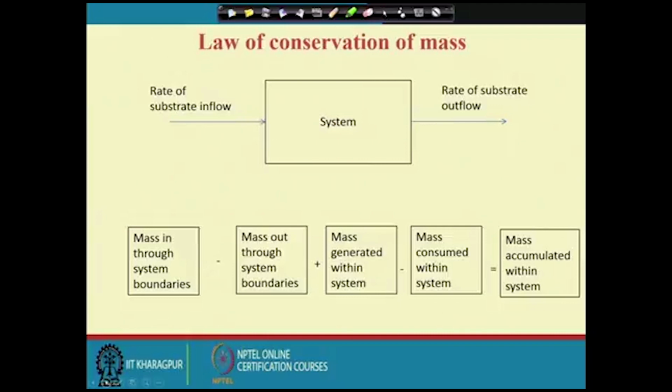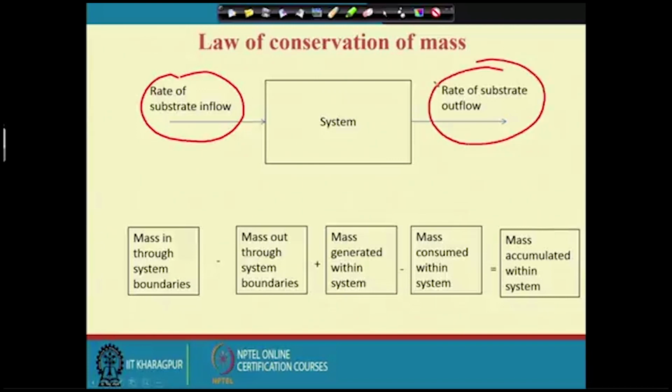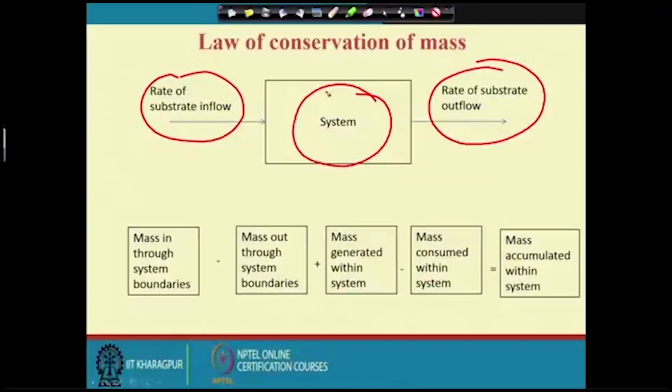Now, what do you mean by law of conservation of mass? Here we have the rate of substrate inflow and the rate of substrate outflow, passing through a system like this. The law of conservation of mass means that nothing can be destroyed. The overall balance of the process should remain the same.